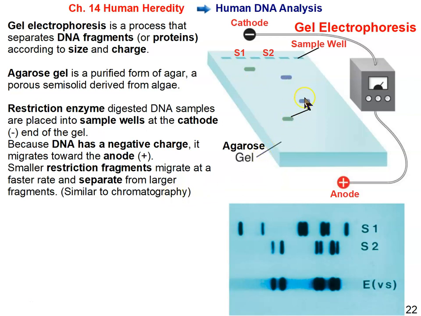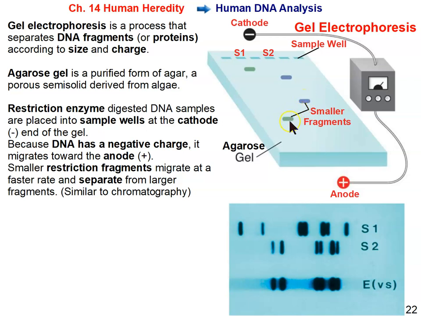These two bands here that we see represent fragments that are all the same size, smaller. And when I say they're all the same size, I don't mean that the fragments in these two bands are the same size as each other, because you'll notice that one is lagging behind the other.